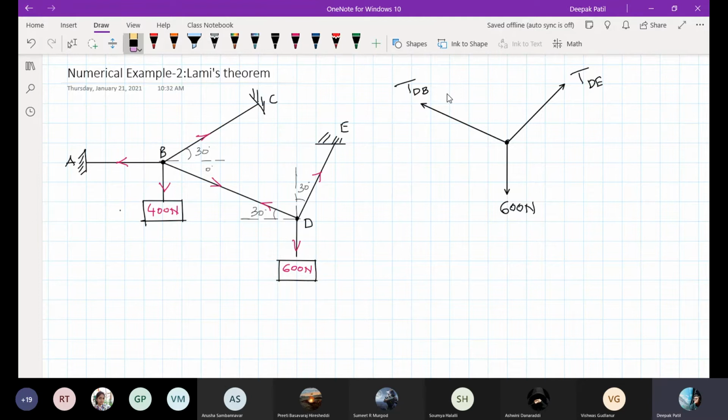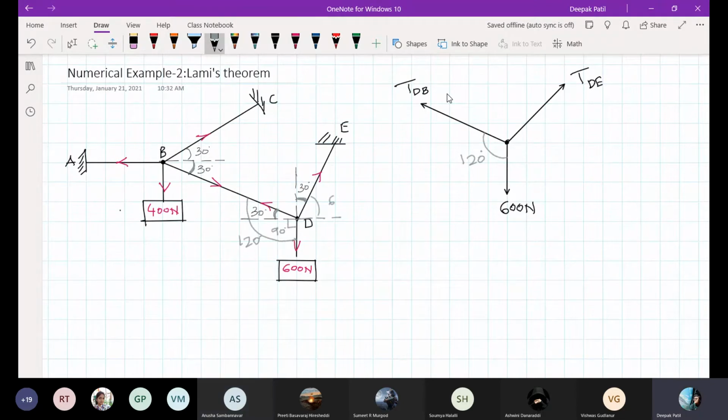You can see this they have given as 30 degrees. It means this angle will also be 30 degrees. And this angle is 90 degrees. So the total angle is 90 plus 30, which is 120 degrees. And they have given this angle as 30 degrees, so how much will this angle be, students? 60, yes, because the total should be 90.